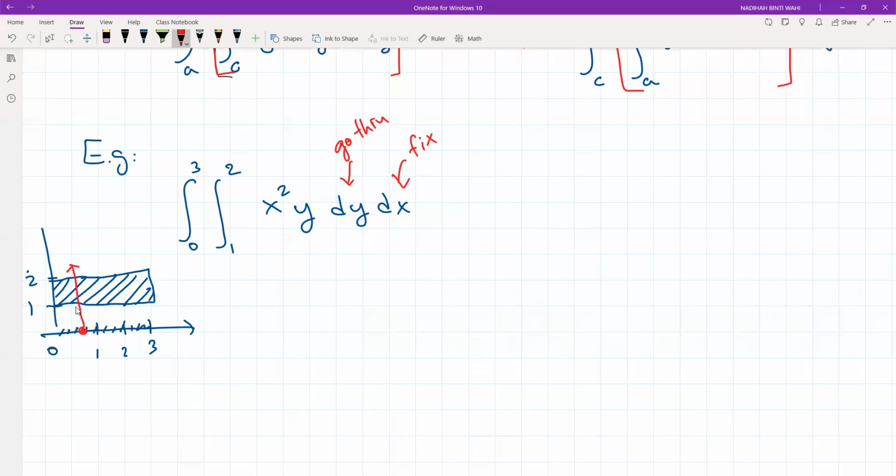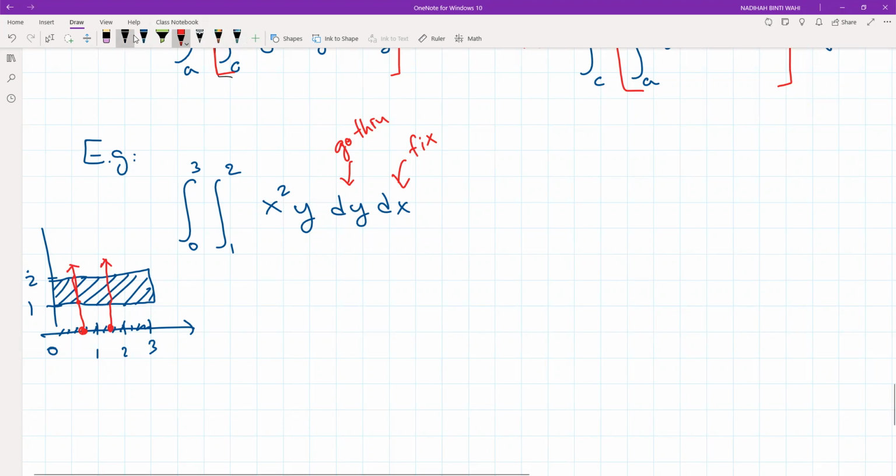So x is fixed at this point. Dia datang, you came at 1 and then exit at 2. Same thing kalau saya letak kat sini, any point in this, so saya jumpa coordinate 1 and then exit at 2. So itu maksudnya. So saya fix saya punya base kat sini.